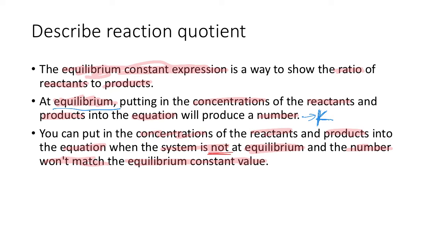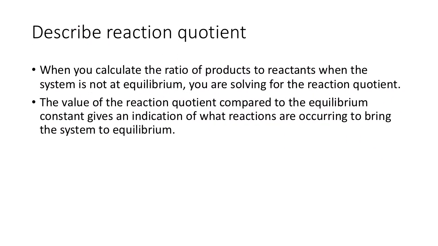You take the same equation, the concentrations of products over the concentrations of reactants by the power of their coefficients, and put in the concentrations when the system is not at equilibrium, and you get a reaction quotient. When you calculate that ratio of products to reactants when the system is not at equilibrium, you are solving for the reaction quotient.